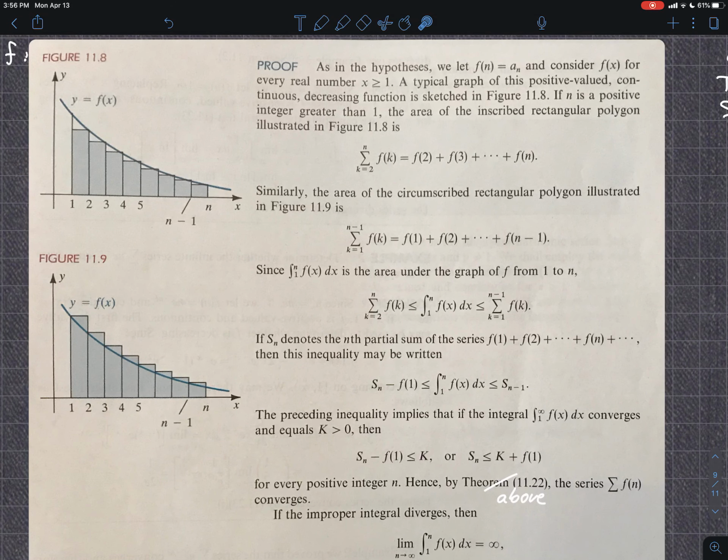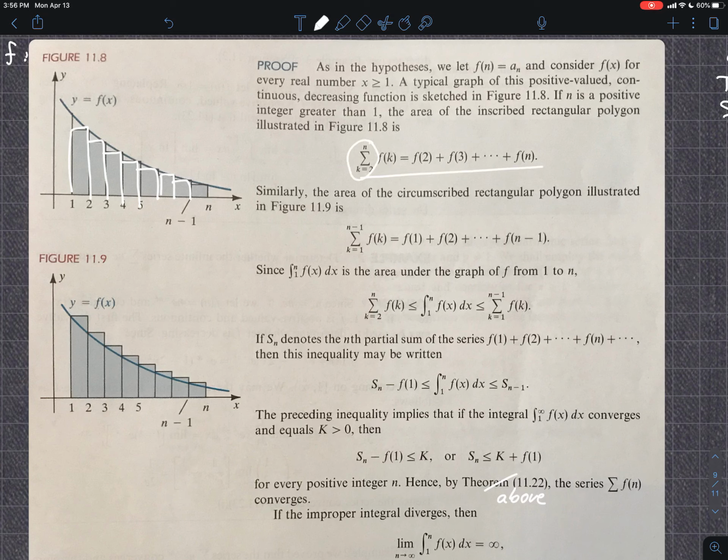We state the hypotheses up here. Okay, n is a positive integer greater than 1. And first, what we look at are these inscribed rectangles like this. All these rectangles are inside the curve. So we first look at that, and you get this sum.